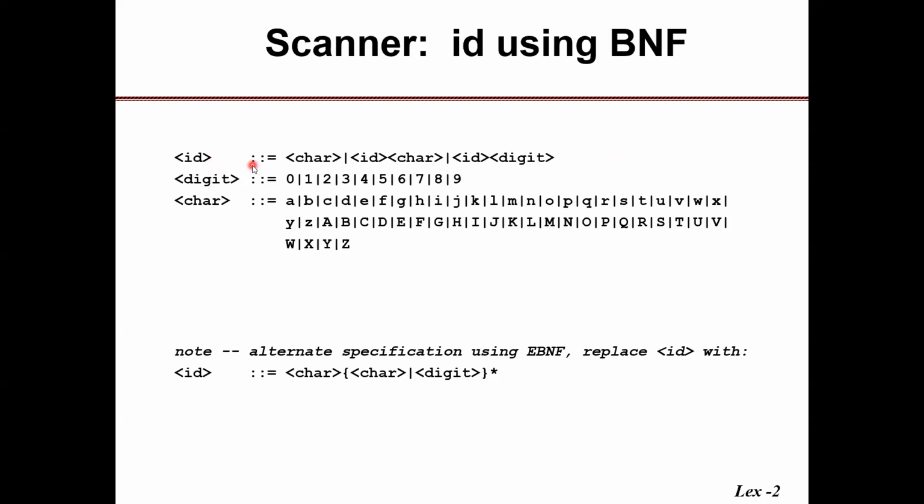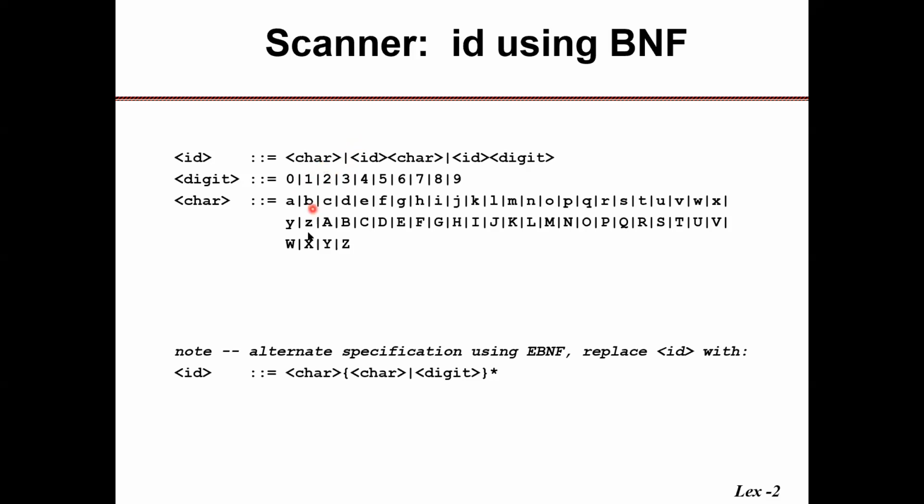Then we put ::= equals. So we say rule ID is defined to be, and then we have this stuff over on the right-hand side. On the right-hand side, what you see are things separated by bars. These bars you would read as an OR function.